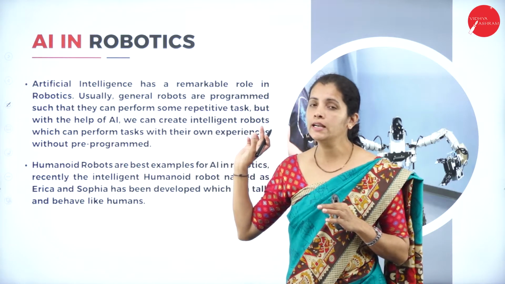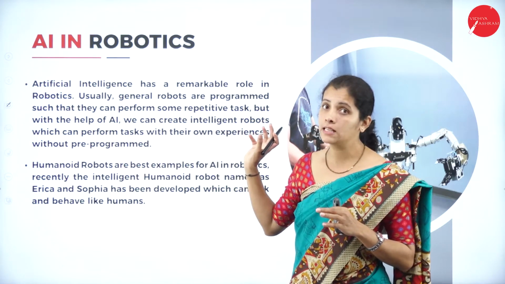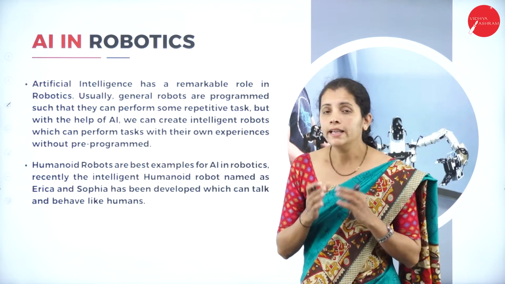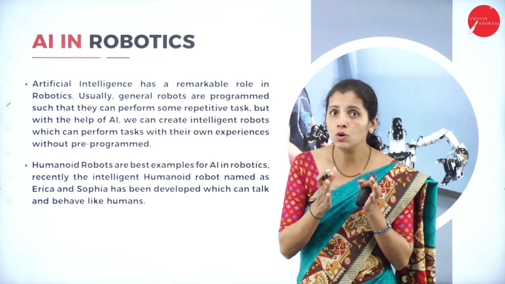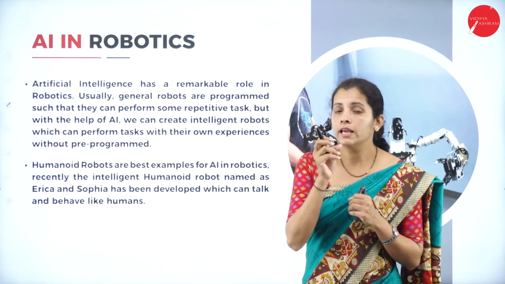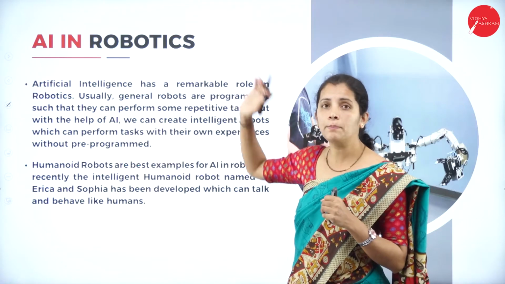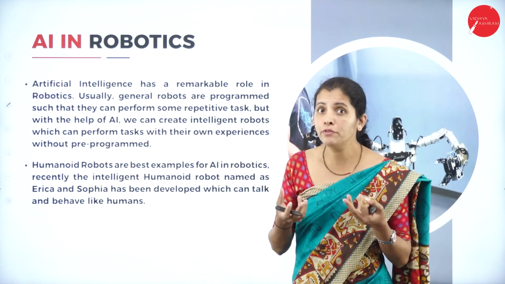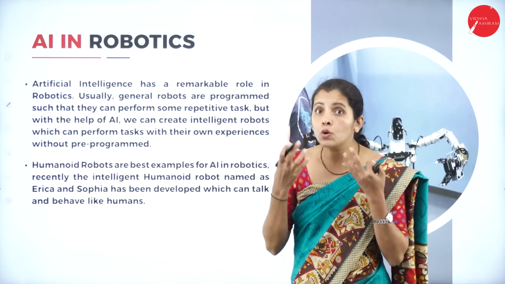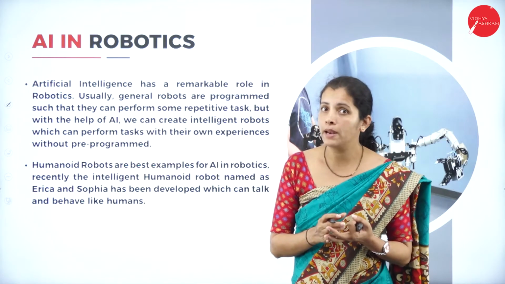Now dear student, let me consider a simple example here, that in one of the Mysore hotels, they are going to use robots instead of suppliers. To supply the food, they are going to use robots instead of suppliers.